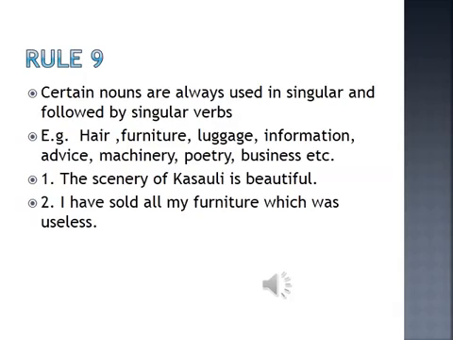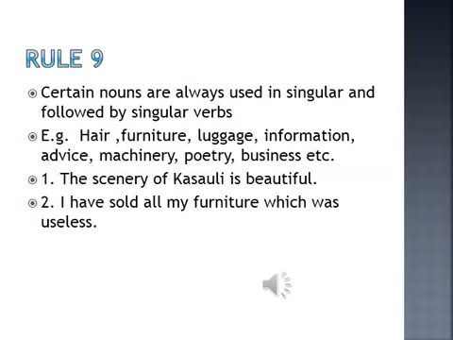They are never used in plural, but their meaning is plural. When we refer to furniture, we are referring to chairs, we are referring to tables. So their meaning is plural. But even then, these nouns are always singular and followed by singular verbs.